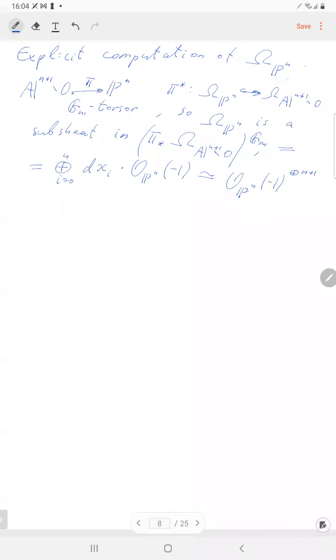So locally, this sheaf of Kähler differentials is just locally free, the sheaf of sections of an n-dimensional vector bundle. Okay, and we have just embedded this n-dimensional vector bundle into another (n+1)-dimensional vector bundle. Okay, and we are going to specify it as a kernel of a certain function. So the theorem.